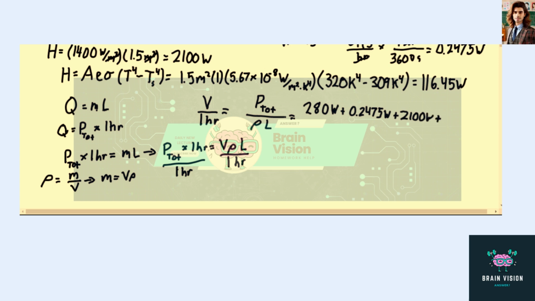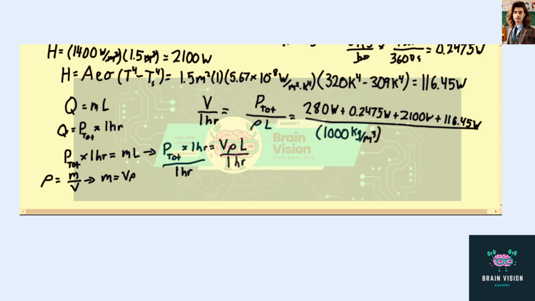280 plus 0.2475 plus 2100 plus 116.45 watts. And that is all going to be divided by 1,000 kilograms per cubic meter.